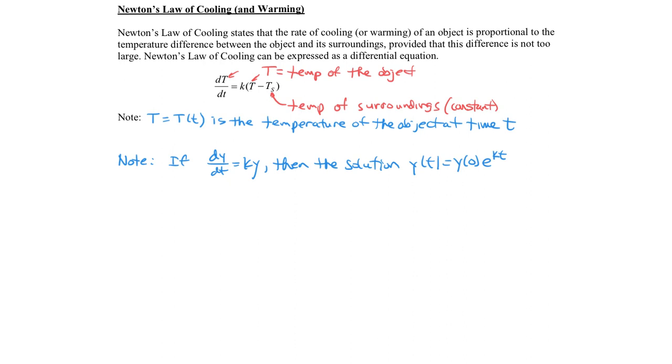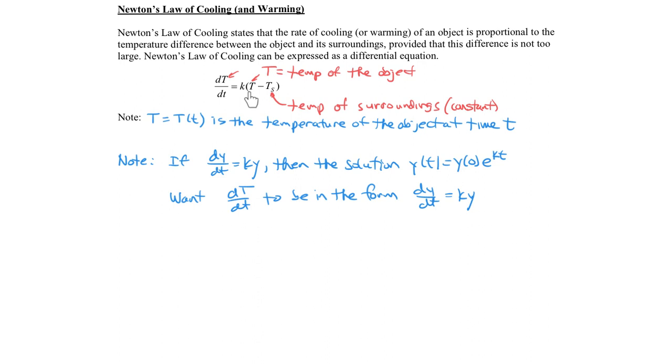If we were going to solve this new differential equation, we want it to be in the form dy/dt equals ky. Why do we want that? Because we know how to solve this. We have a solution for this. So if we could make this thing look like this, then we could solve this new differential equation also. So that's what we're going to do.